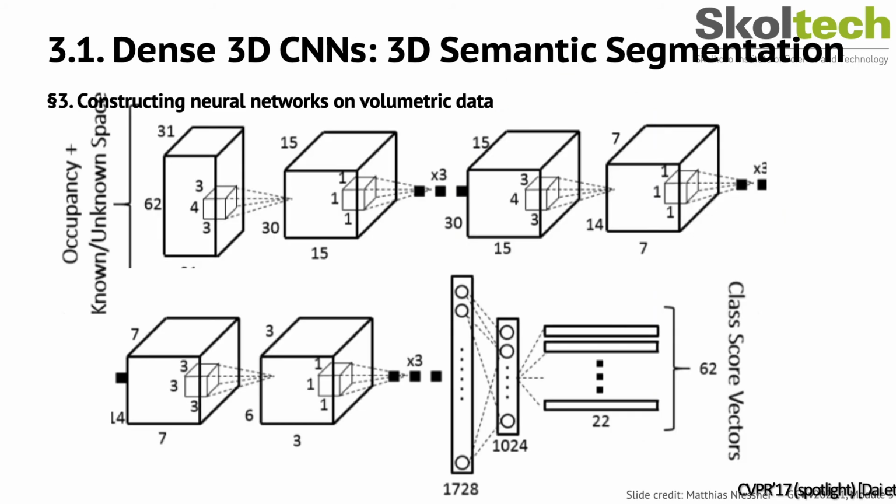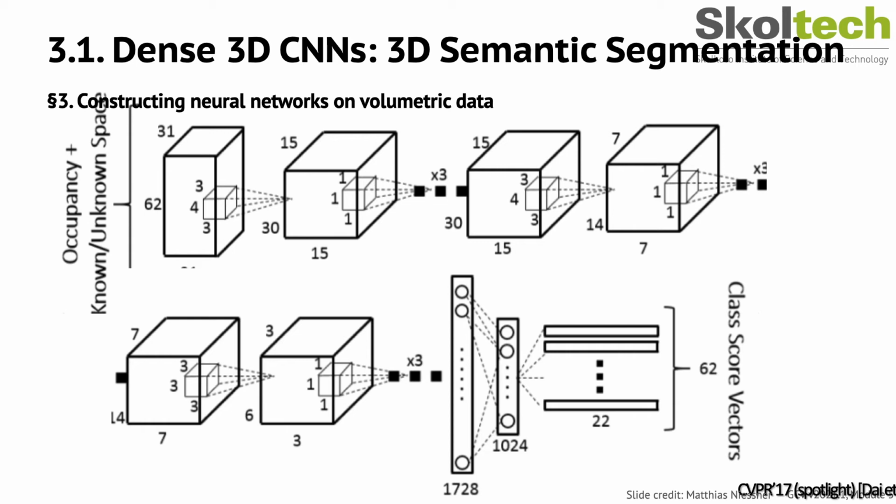So they define a 3D convolution in the way that is depicted in the slide. For example, this is CVPR 2017, and this is the ScanNet paper that defines a 3D convolutional neural network that classifies or segments each crop in a 3D scene by passing it through a bunch of 3D convolutional layers, which process occupancy values and possibly RGB values projected onto the voxels.